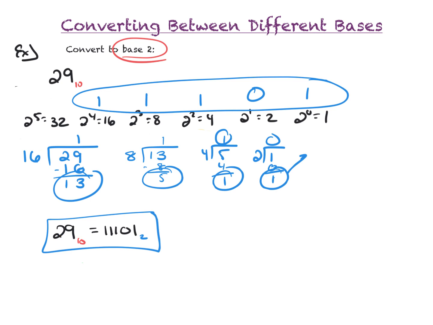I'm going to work from the right to the left. So this would be 1 2 to the 0 and 0 2 to the 1s. Then we have 1 2 to the 2.